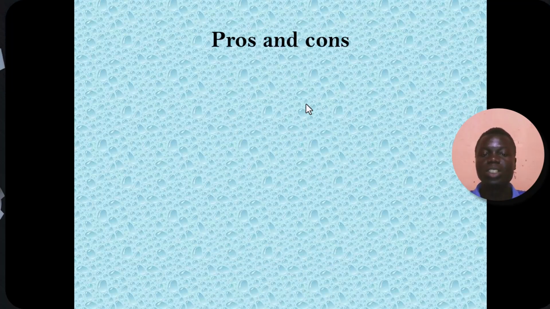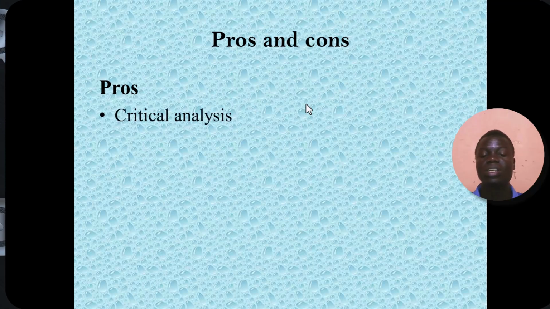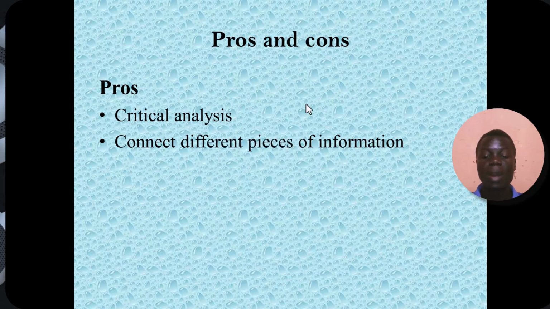This will take us to the pros and the cons. As I said before, pros mean the advantages of this secondary source of information, and cons mean the disadvantages. Looking at this secondary source of information, we say it provides critical analysis and comprehensive reviews of the primary source of information. It helps connect different pieces of information.